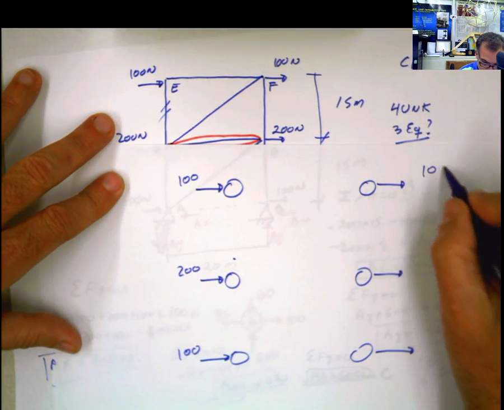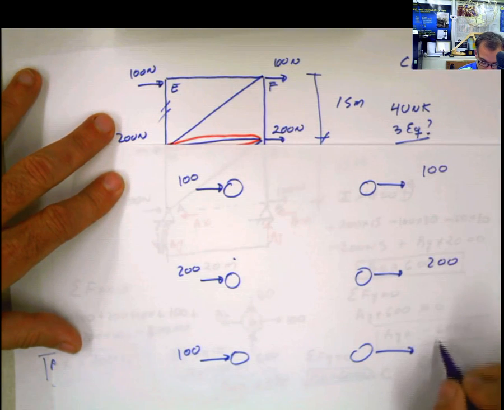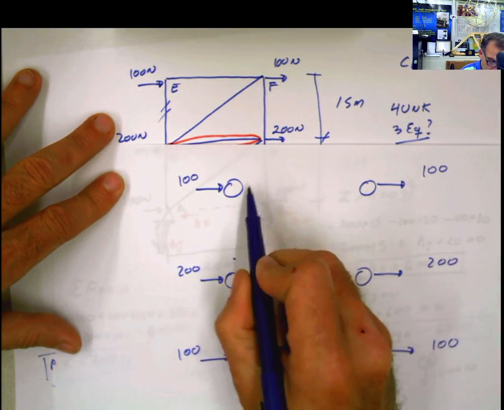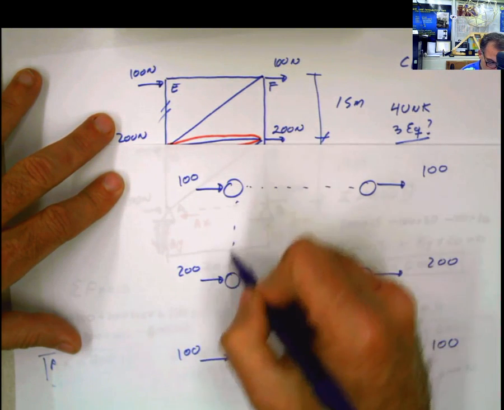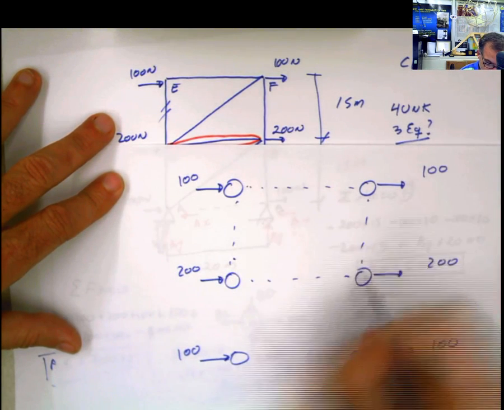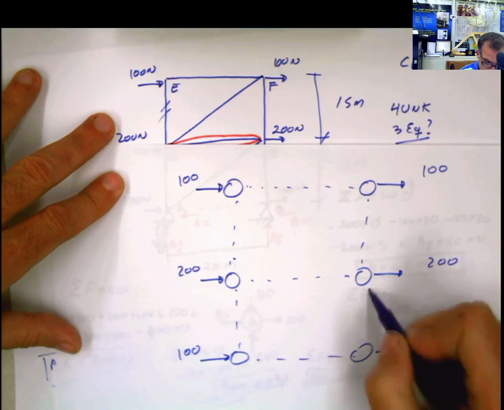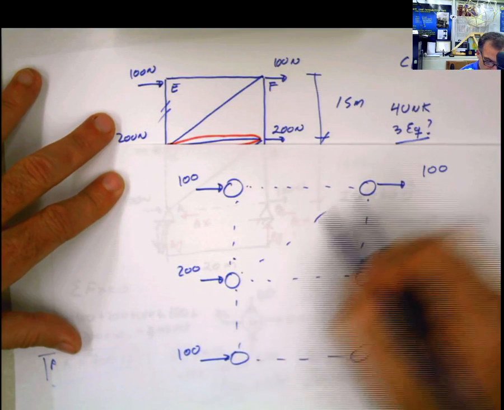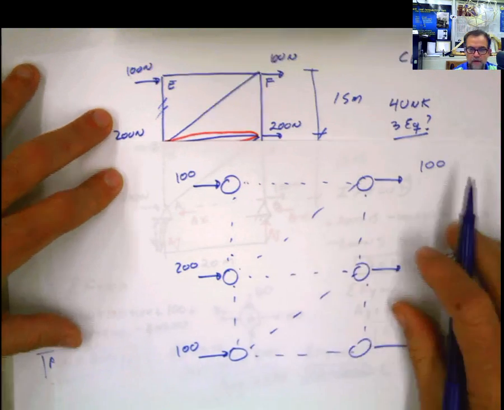I know it's Newton, and I put a dotted line wherever the bars go.